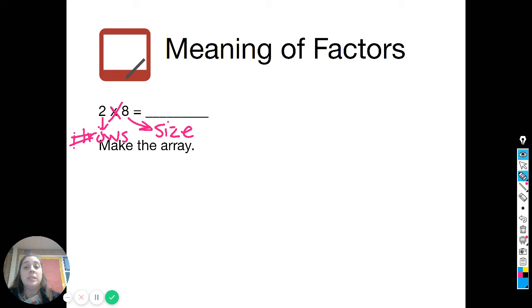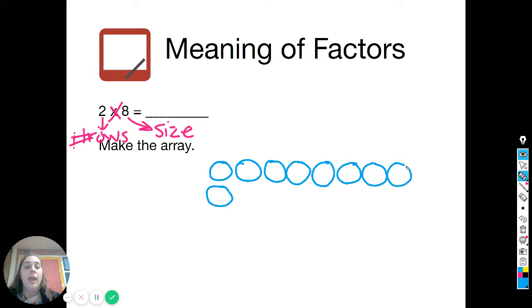We need 2 rows, which means we want to start making our rows first, so we're going to go down 1, 2, okay? Our rows go side to side, so in each row I need 8. 1, 2, 3, 4, 5, 6, 7, 8. 1, 2, 3, 4, 5, 6, 7, 8.